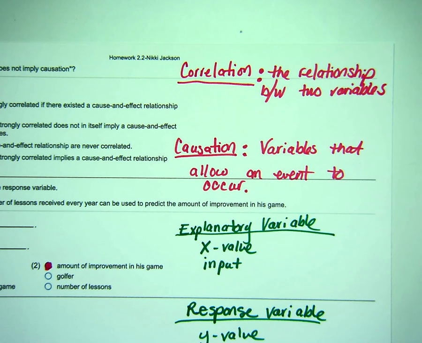For example, if you do not put money in a parking meter, the result is going to be you getting a ticket. Therefore, you got a ticket because you didn't put money in the meter. The relationship is going to be the measurement. I would say that would be a negative relationship because nobody ever wants to pay for a ticket.